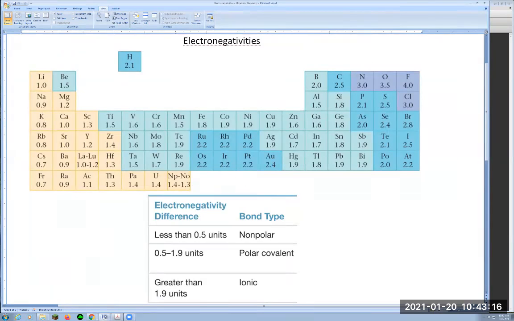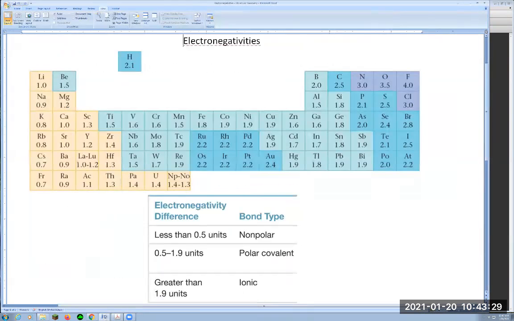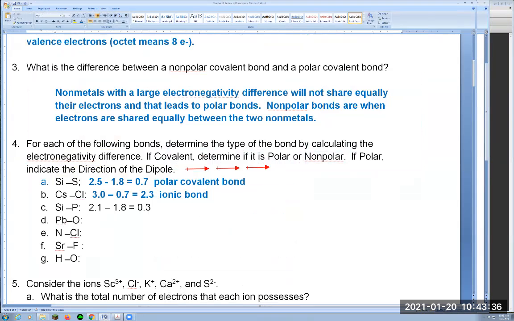So 2.1 minus 1.8 is a difference of 0.3. 0.3 is a small value, below 0.5, so that's considered a nonpolar covalent bond. And these two are non-metals, so we expect a covalent bond between them.